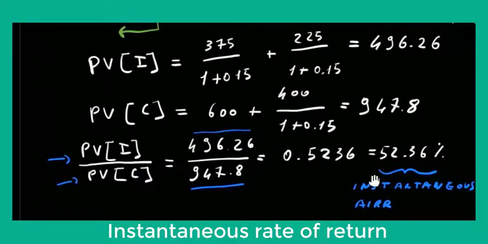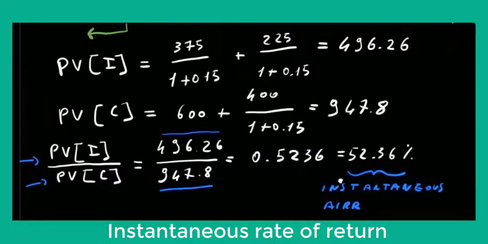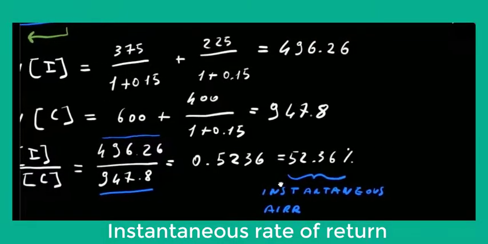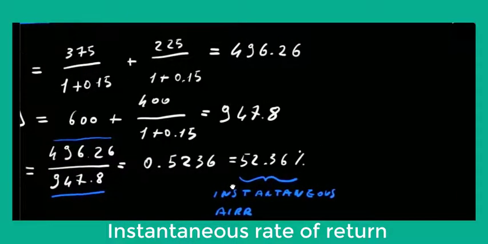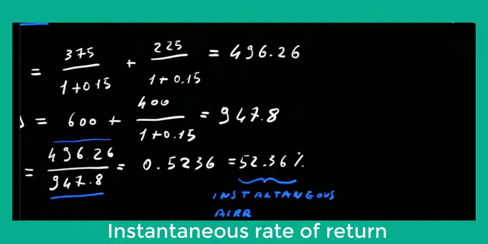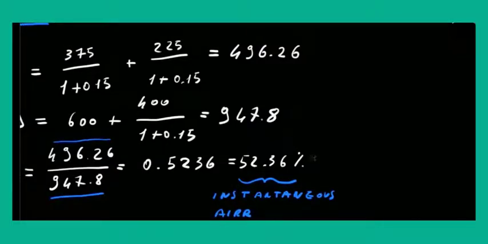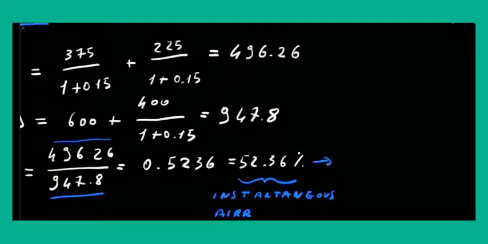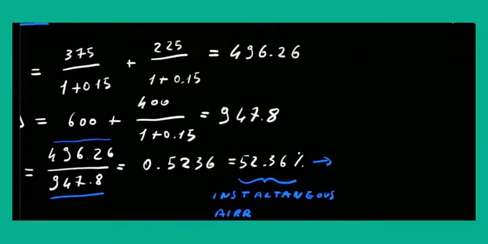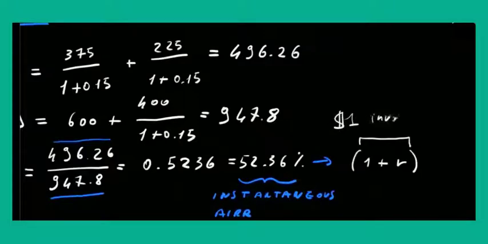If we want a discrete rate of return, a discrete AIRR, then we have to multiply this figure by 1 plus the cost of capital, because this is the compound amount of $1 invested at time 0.